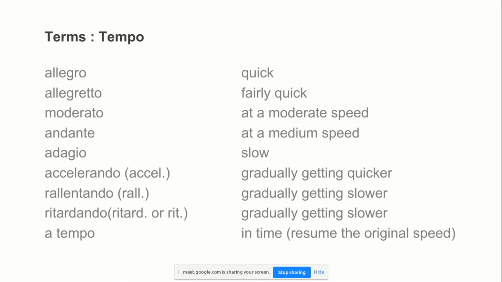So pam, pam, pam, pam, then a tempo, pam, pam, pam, pam, to the original speed. That's the meaning of a tempo. Anytime you find it, it means go back to the original speed. And it usually comes after accelerando, rallentando, or retardando. Either you have quickened the song or slowed it down gradually, and then you find a tempo.